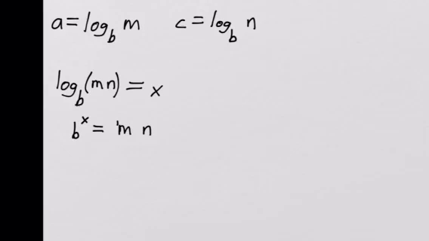But under the definition of logarithm up here, we know M is equal to b to the a, and N is equal to b to the c.